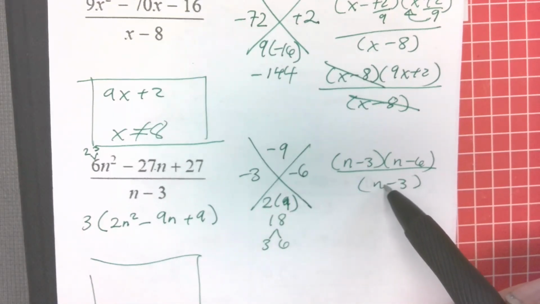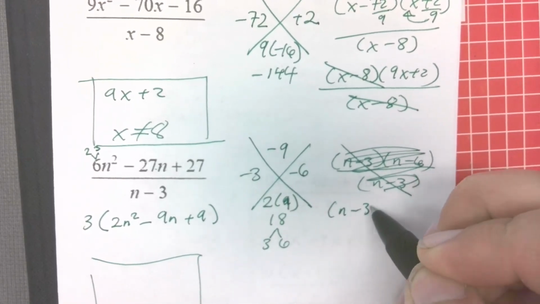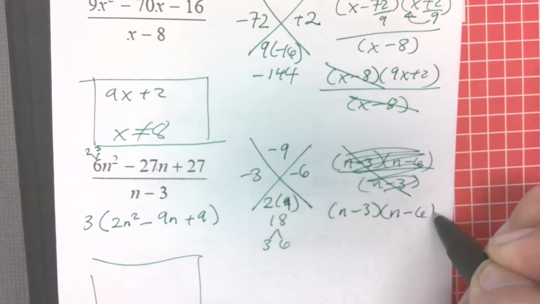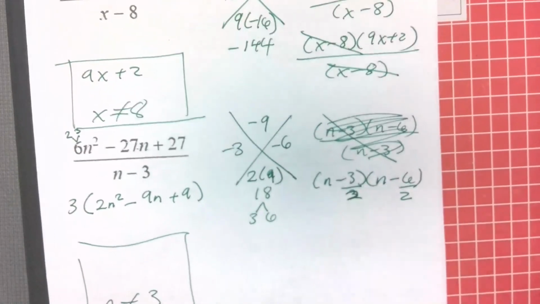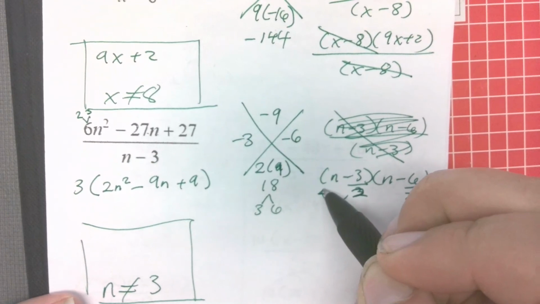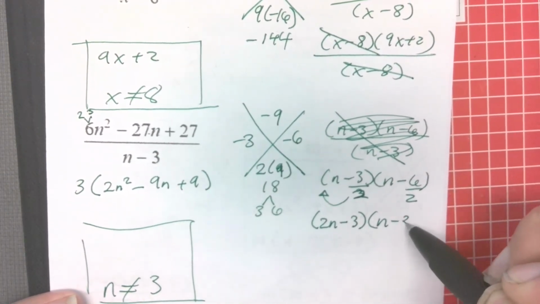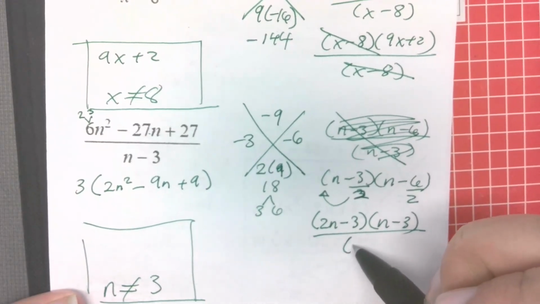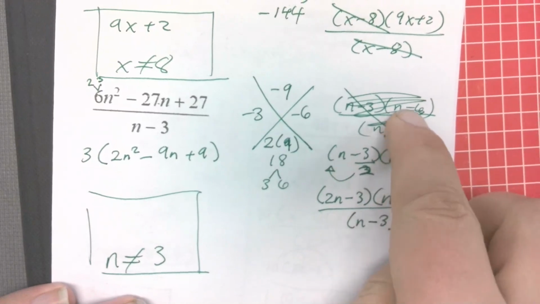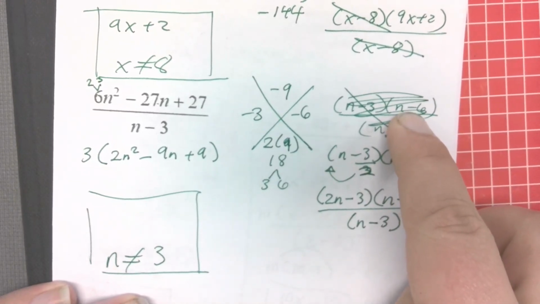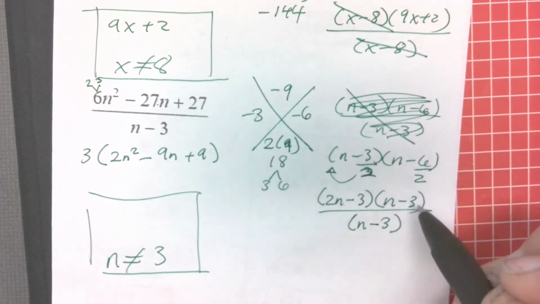That's actually going to get me the wrong answer. You've got to remember to divide by 2, because I multiplied by 2. Do you see how if I did it this way, I would have gotten n minus 6 as my answer, but the actual answer is 2n minus 3?